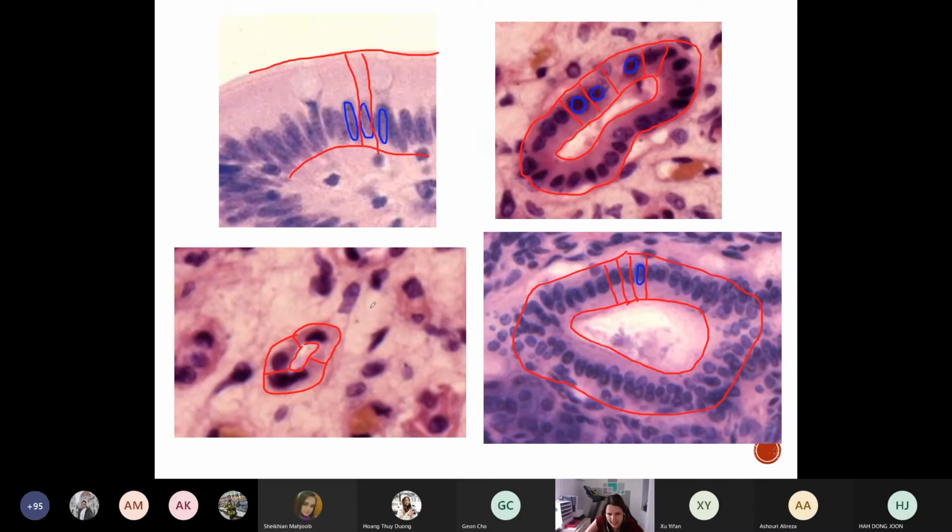Okay, and the nuclei should be actually a little bit more flat, but it also depends on the plane of the cut. Okay, so this is a more flattened nucleus. Here we can see a round nucleus, but if there is a nucleus which has a shape of a disc, we can make different cuts in different planes.